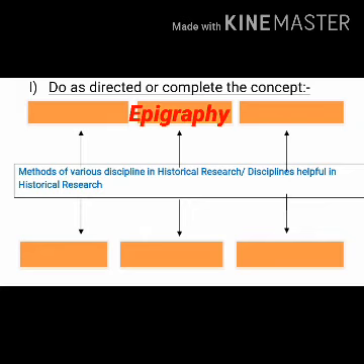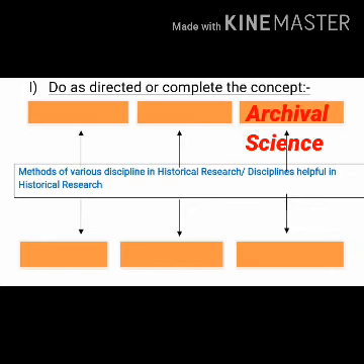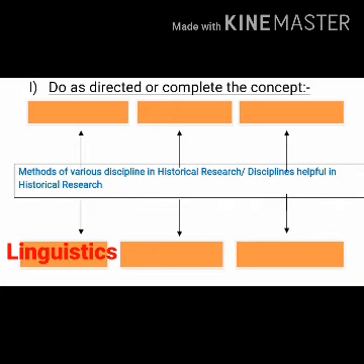Second one is epigraphy, that is the study of inscriptions. Third box is archival science, that is the study of original written documents which are kept in archives. Fourth box, write down linguistics, that is the study of ancient languages.